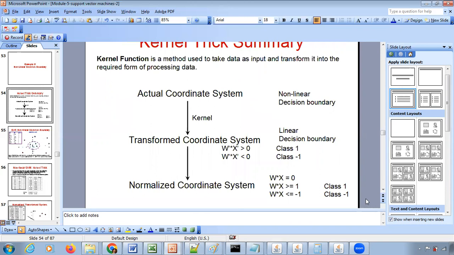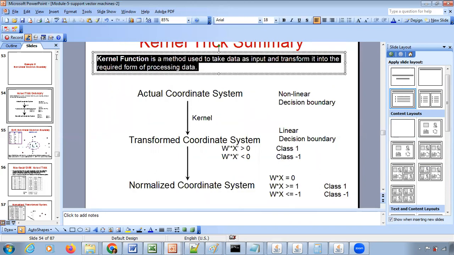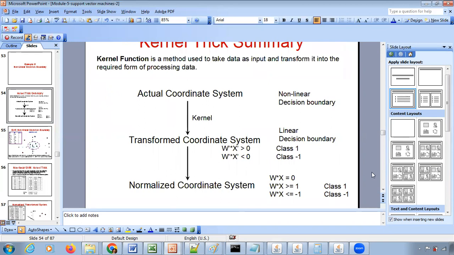So I have a definition here. The kernel is basically a function that is used to take the input data, meaning the features, and transform them into some form that is more suitable for the approach that we know, in this case, a linear decision boundary.